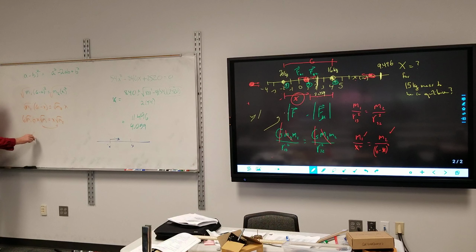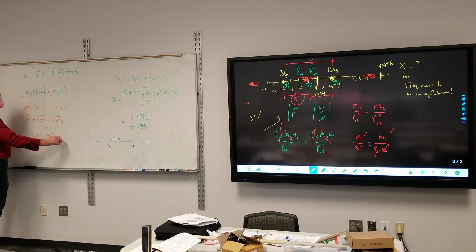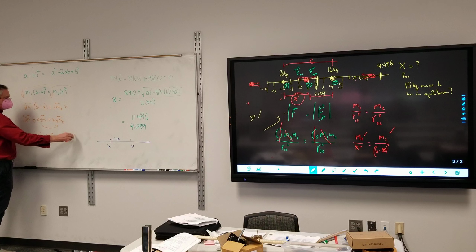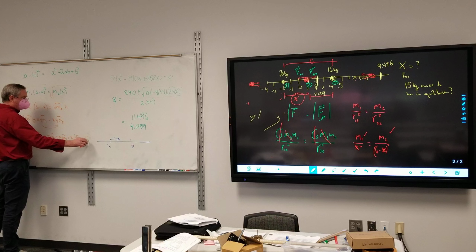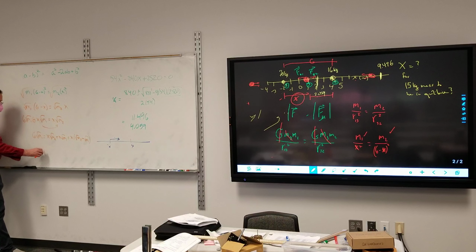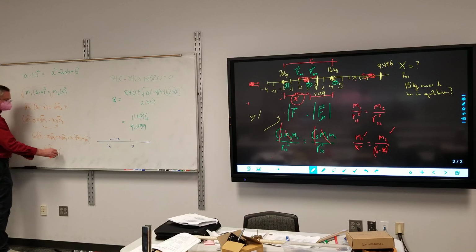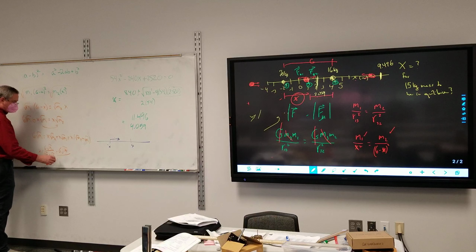Get the x's together: 6 square root of m1 is equal to x square root of m2 plus x square root of m1, which is x times the square root of m2 plus square root of m1. So x equals 6 square root of m1 over the sum of the square roots, which is 6 square root of 70 divided by square root of 70 plus square root of 16.